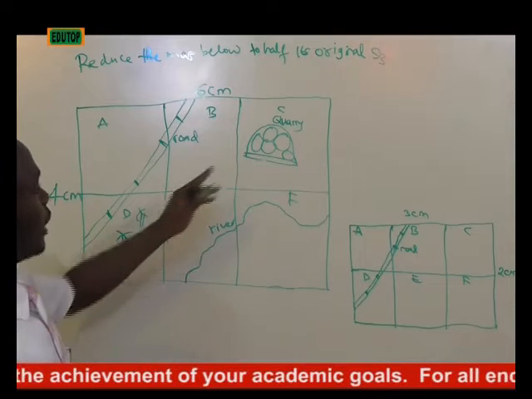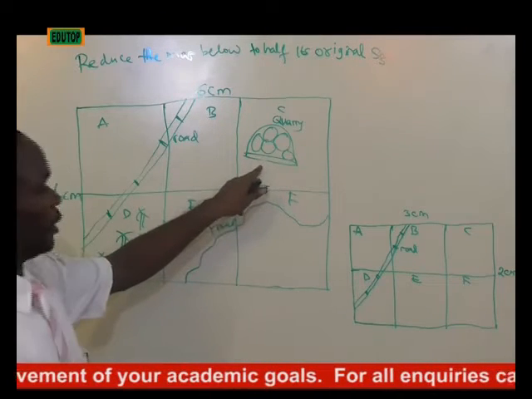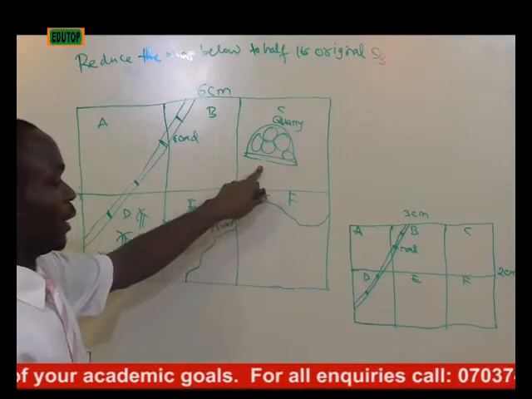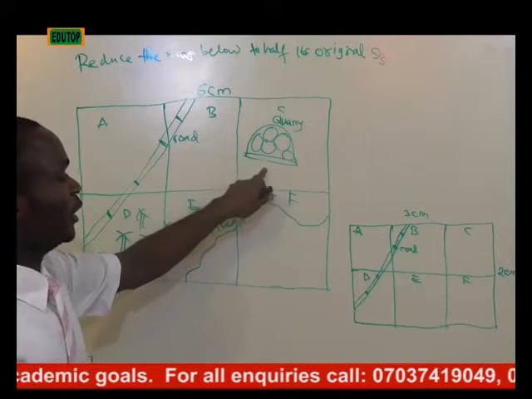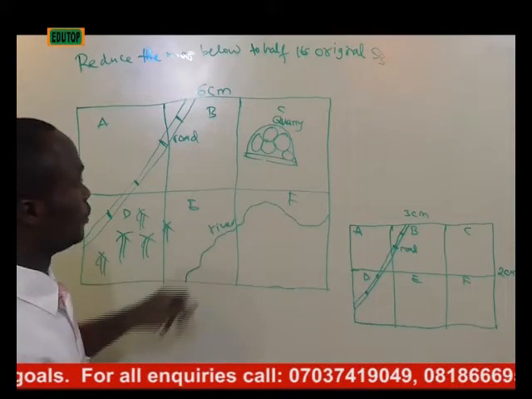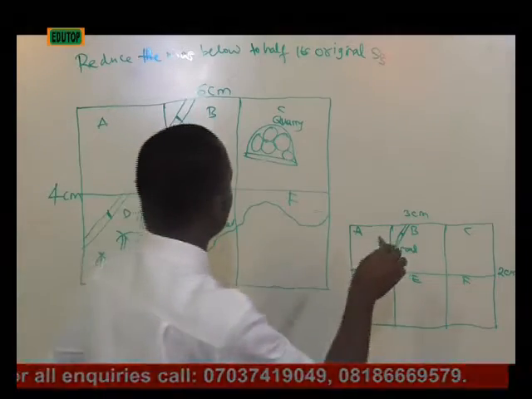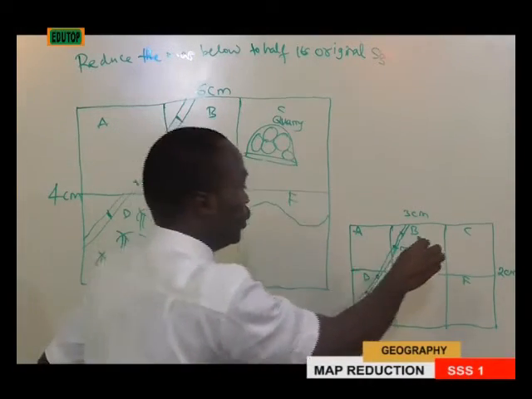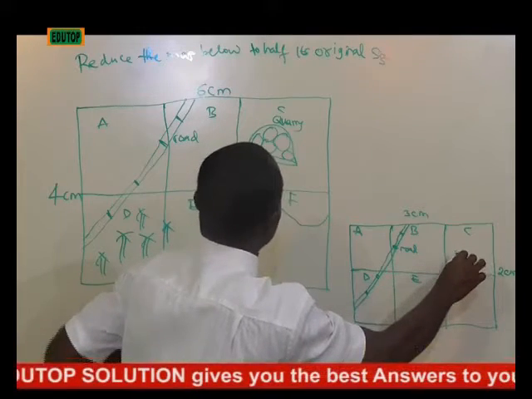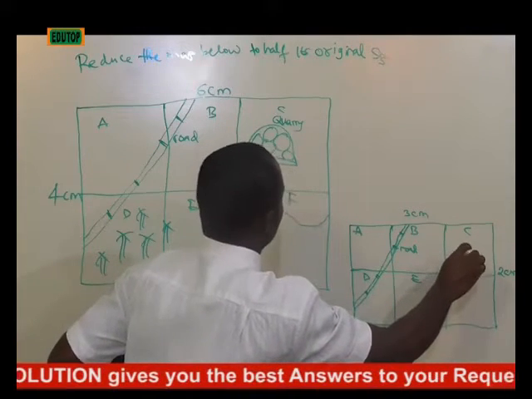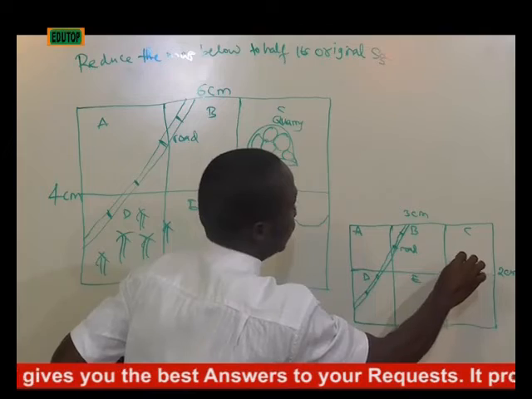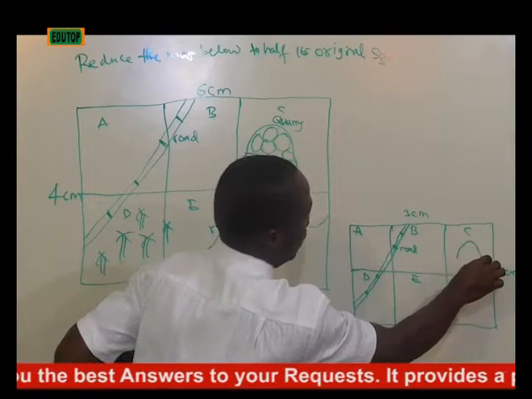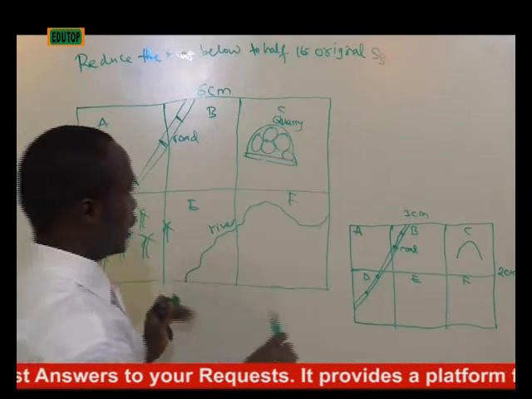Now let's look at the feature, the query, which falls on this grid C or square C. Obviously everything is within this grid. So you come over here and represent this feature just the way it is represented on the original map. But in this case, it has been reduced.